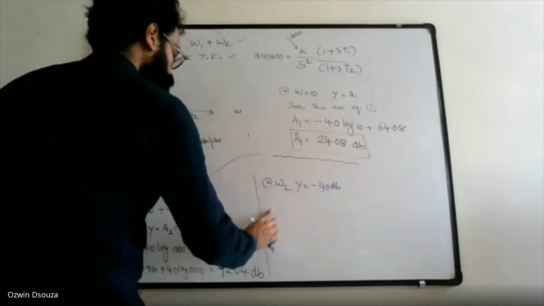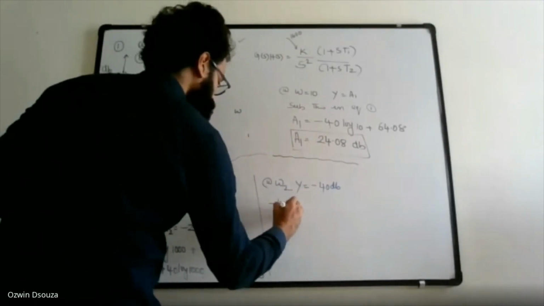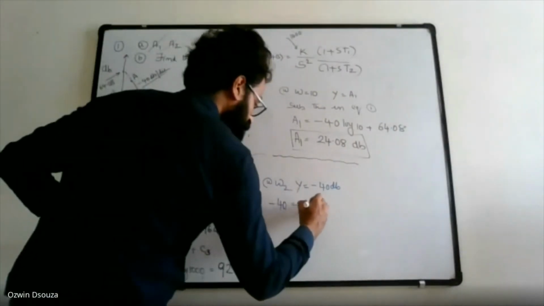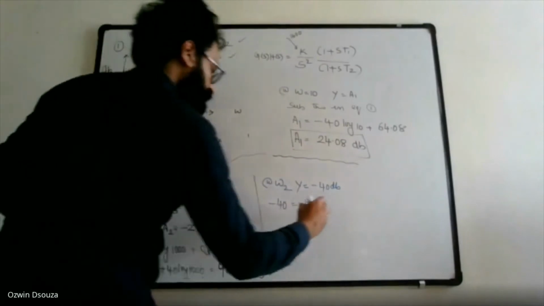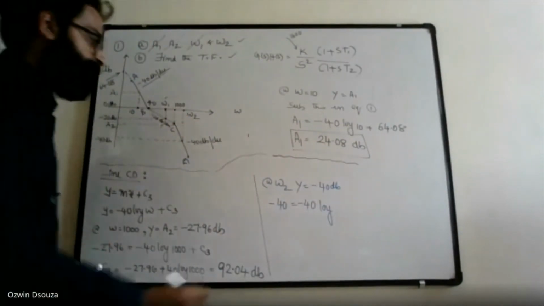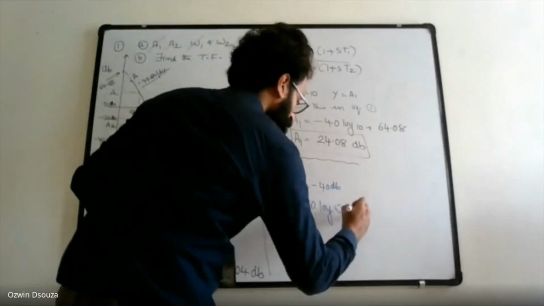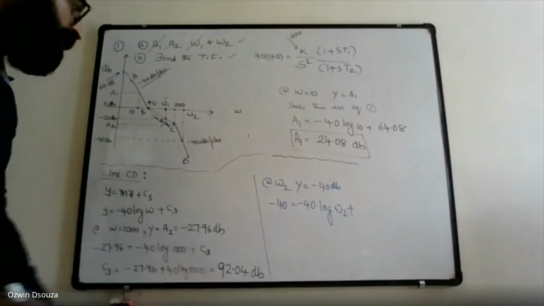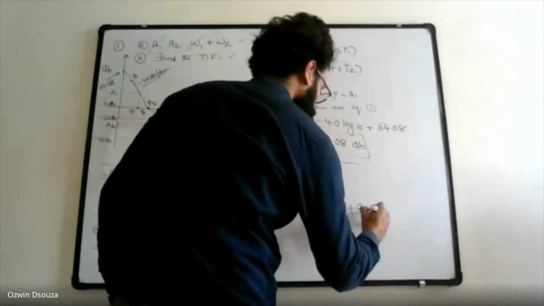Y value is minus 40. So minus 40 on LHS, and on RHS the slope is minus 40 and log omega. What is that omega value? Omega 2. And plus the intercept value. So intercept value is 92.04.